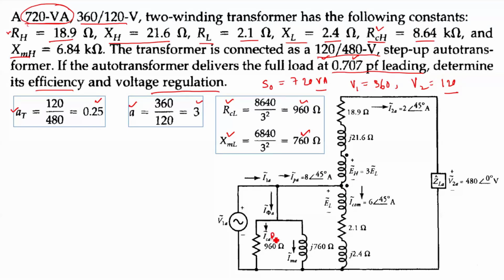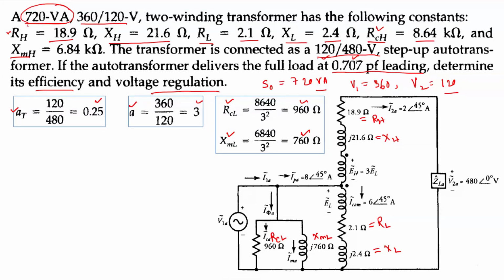RCL is 960 ohm and XML is 760 ohm, right? And this is the winding of the low voltage winding. For the low voltage winding, the parameters are RL is 2.1 ohm and XL is 2.4 ohm, right? And for the high voltage winding, this is the resistance RH, and this is your XH.